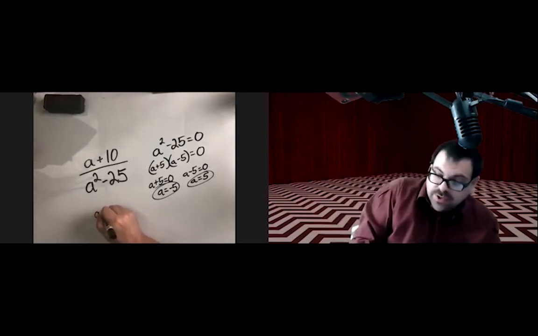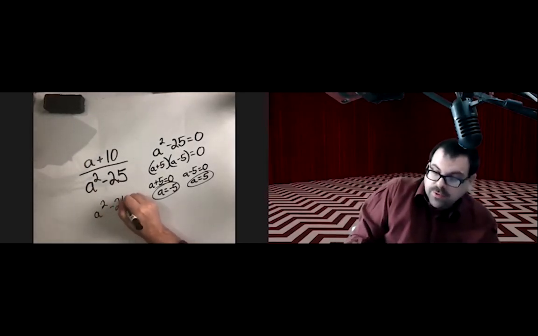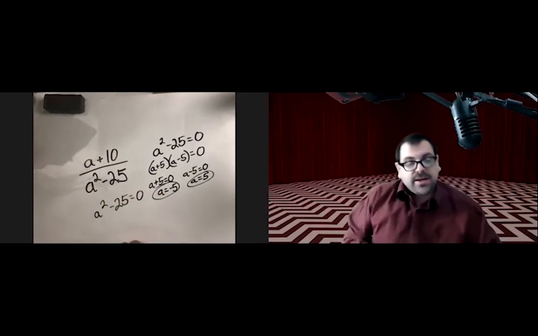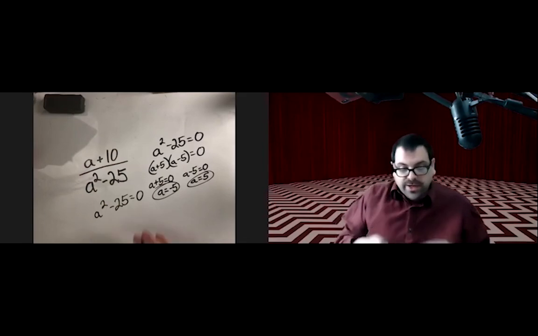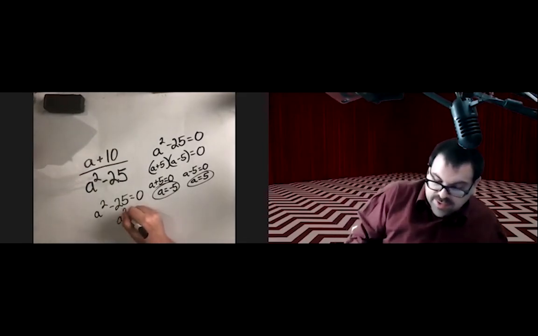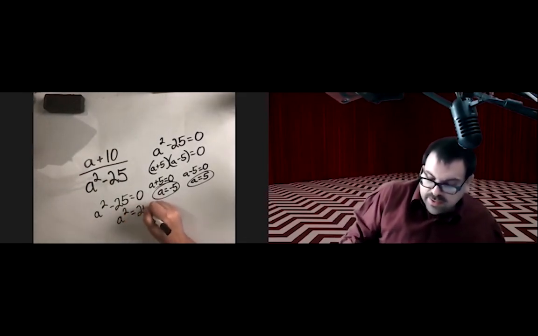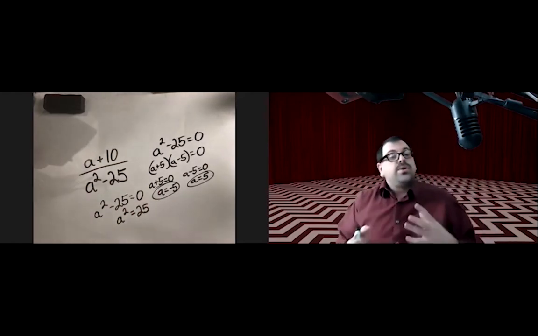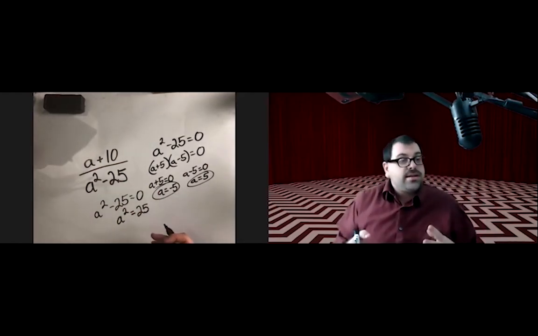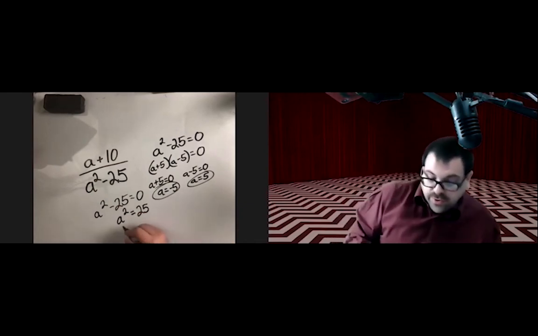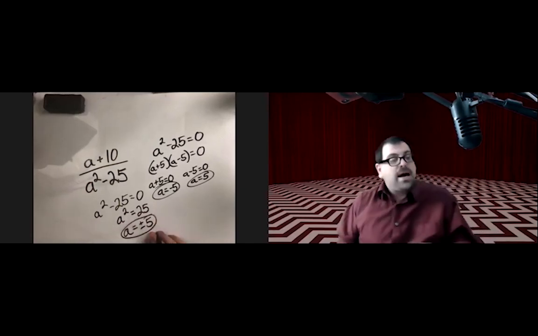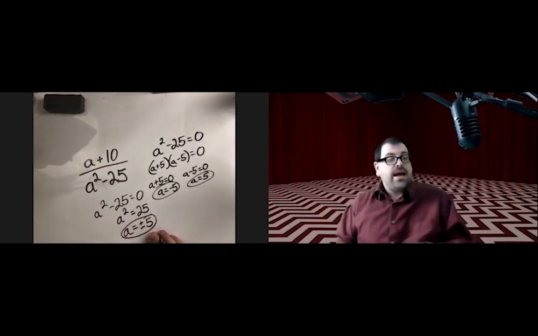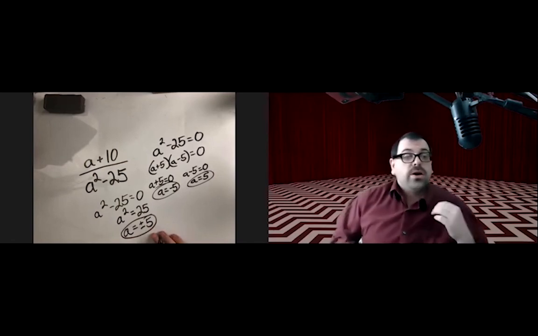But you could also use the square root property here because we just have a square term and a constant. We can easily get the square on one side and everything else on the other, so we can do square roots of both sides. Be careful if you do it this way that you remember a plus or minus 5. A equals positive 5 or negative 5.